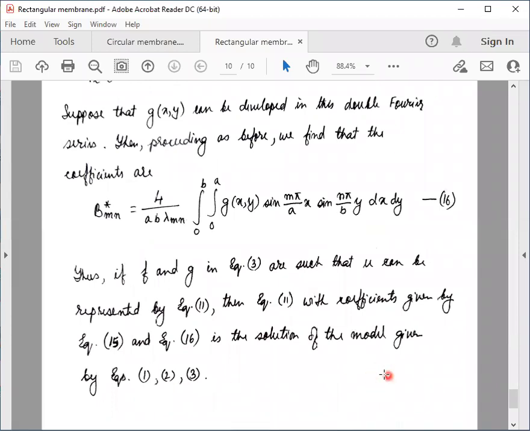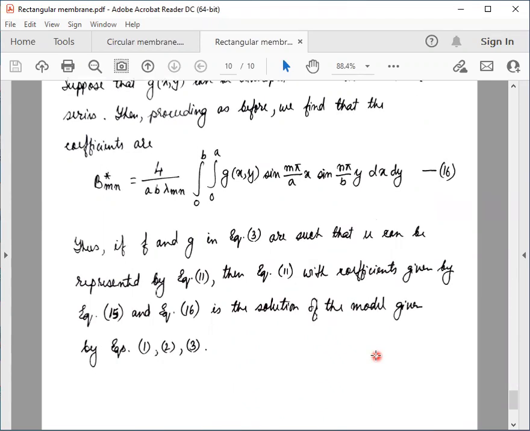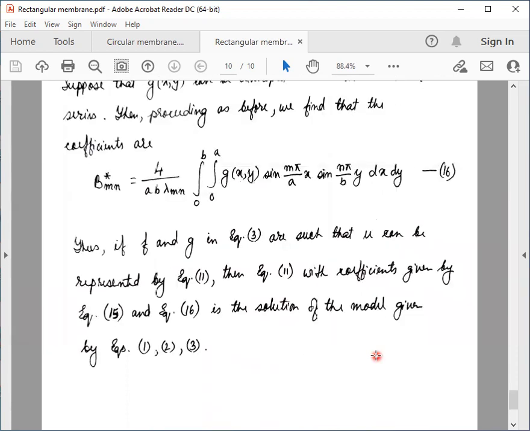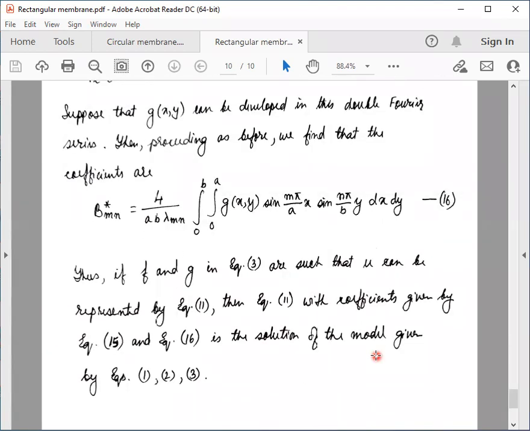And what is the model given by equations 1, 2, and 3? It is the wave equation for a vibrating rectangular membrane. So this is the solution of a vibrating rectangular membrane. So that brings us to the end of the vibration of a rectangular membrane.